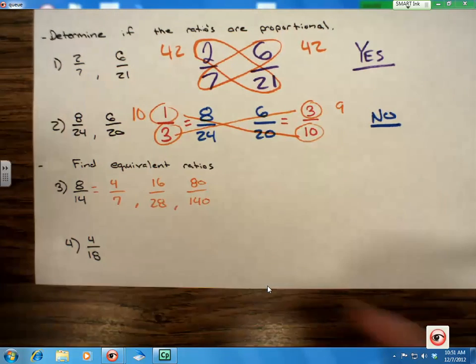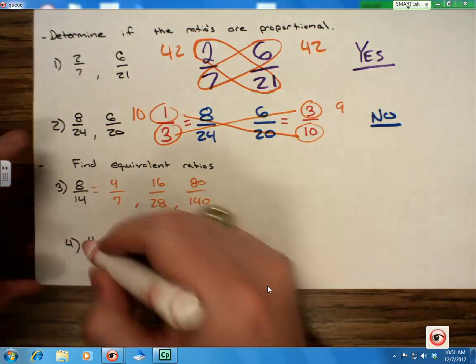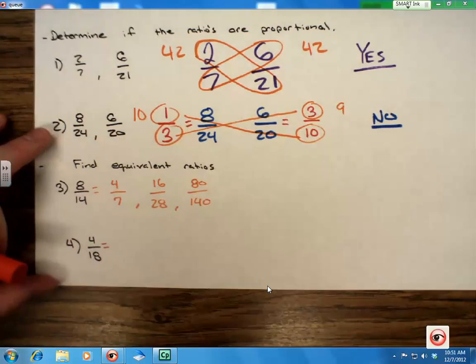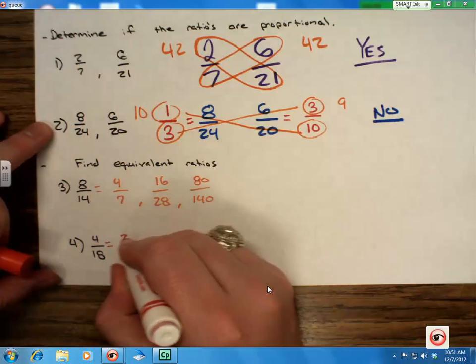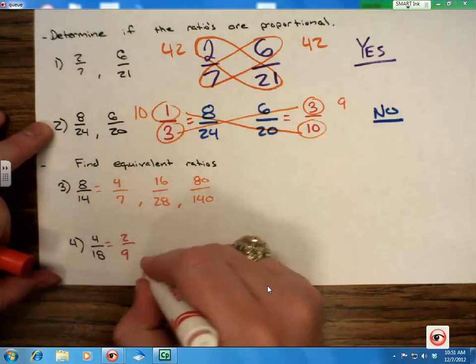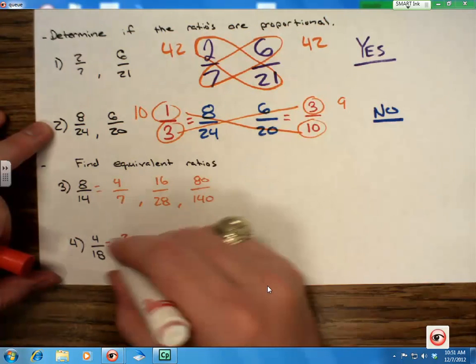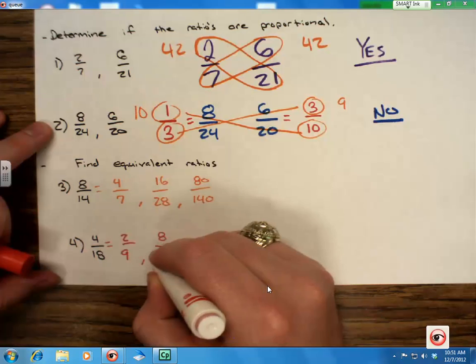Now, on number 4, we're basically doing the same thing. We could simplify these by dividing. I know that 2 goes into both of those, so we could make this 4 divided by 2 is 2, 18 divided by 2 is 9. I could also multiply it times 2. 4 times 2 is 8. 18 times 2 is 36.